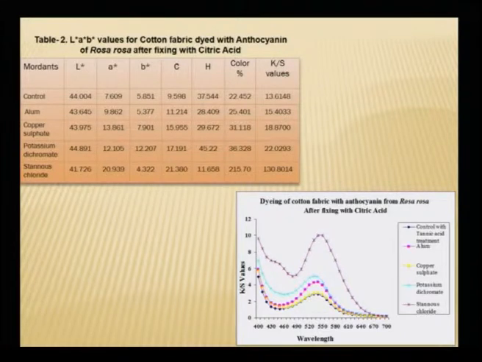So, treatment with citric acid has not reduced the color strength in the case of stannous chloride, whereas in the case of other mordants and in the case of control fabric, it has shown considerable change. So, this also indicates that for rose anthocyanin, the ideal mordant is stannous chloride.